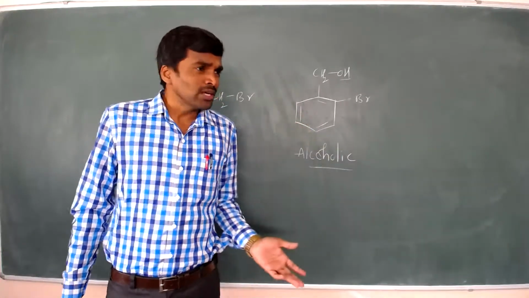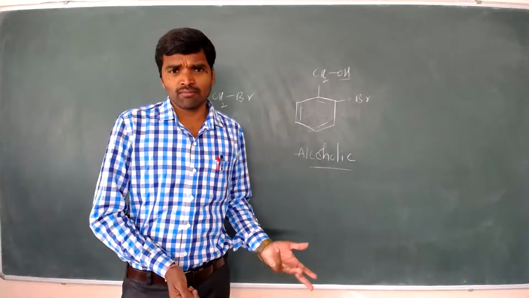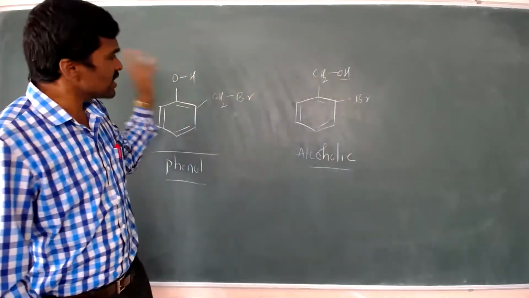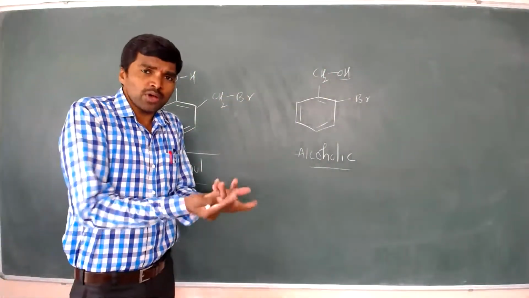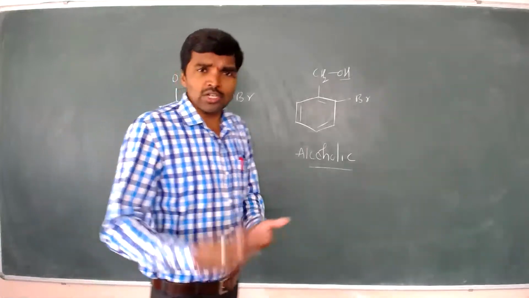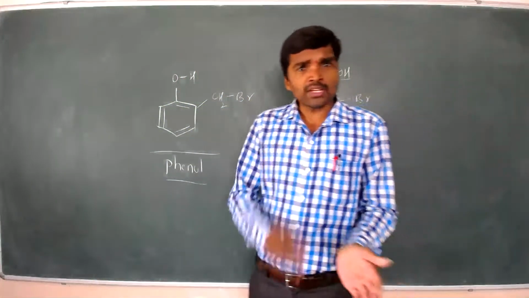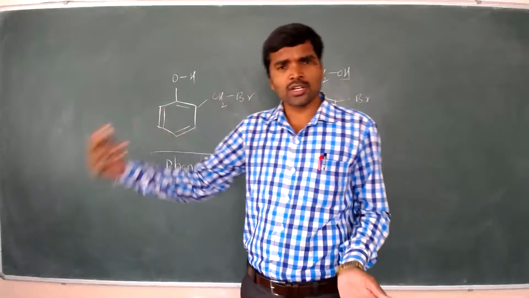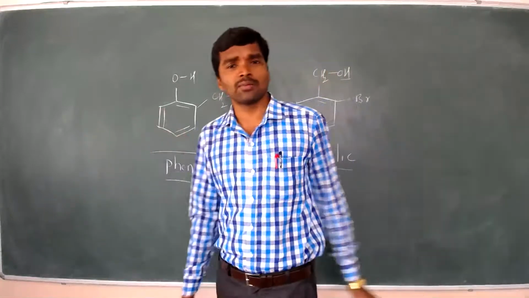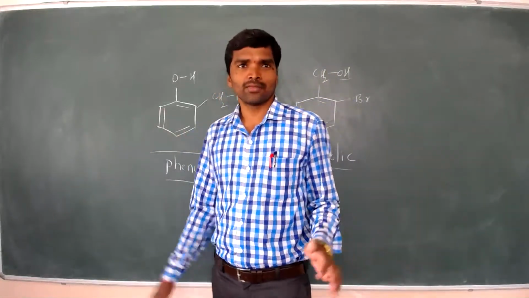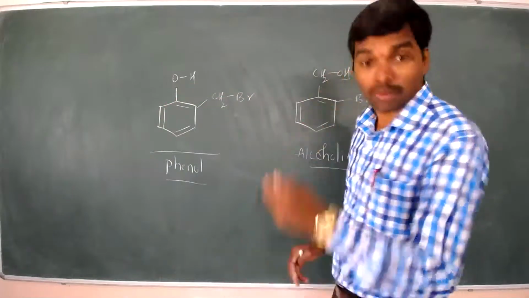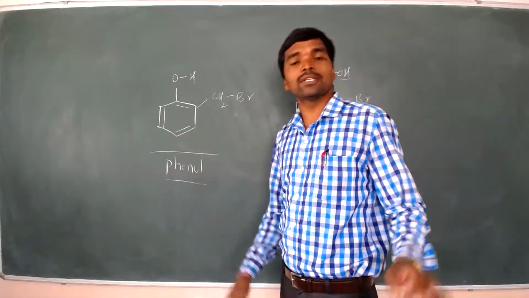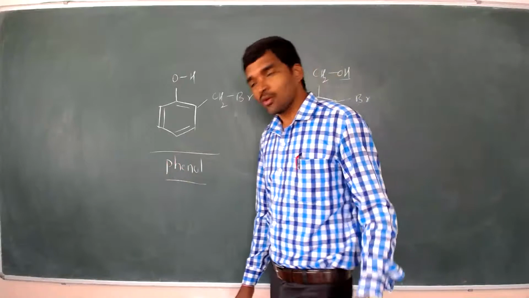Maybe you have the doubt: Sir, where is the functional group changed? Here OH, here also OH is there. Actually, functional group isomerism means one functional group changes into another functional group without changing the molecular formula. But you see, these two exhibit functional group isomerism only. Why?